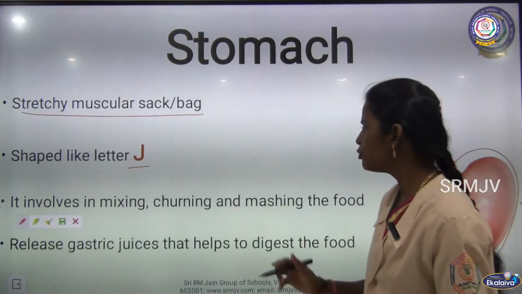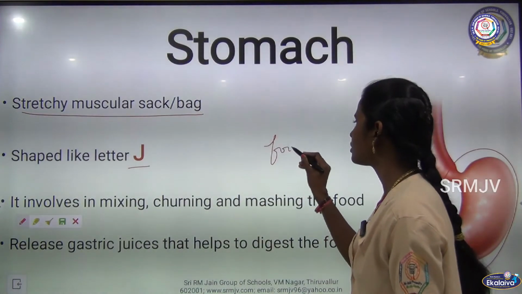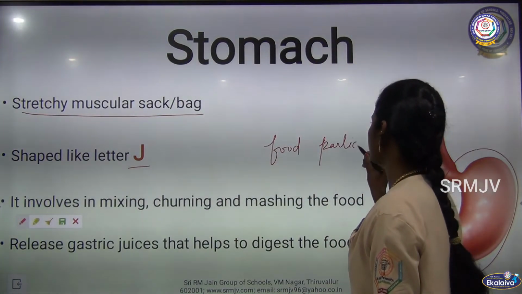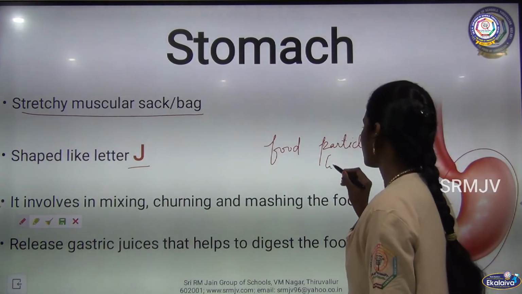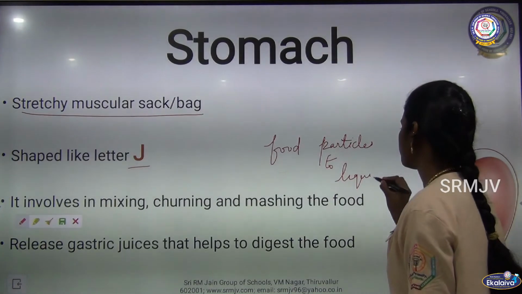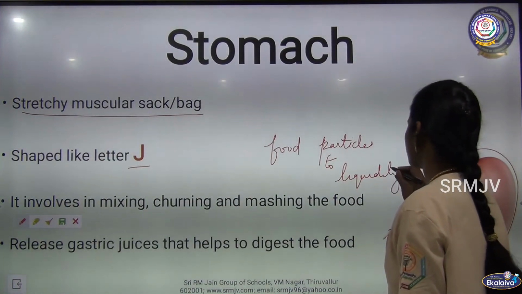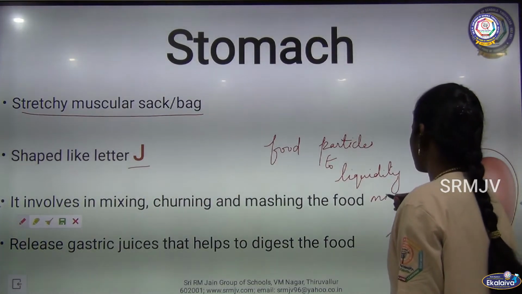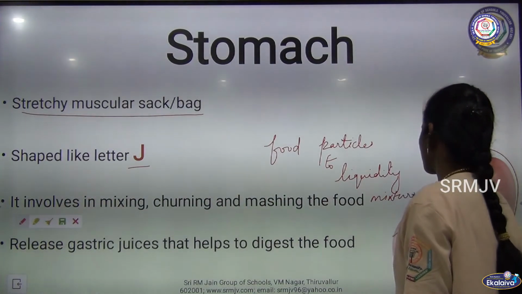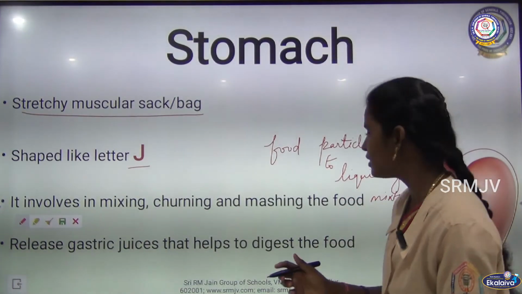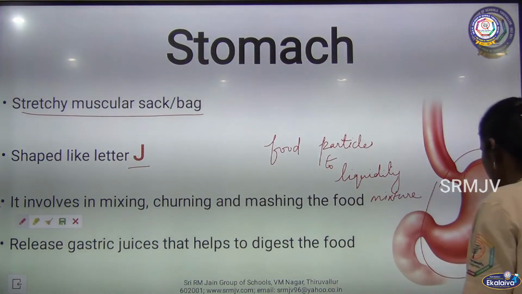It converts the food particles into a liquid mixture with the help of gastric juices which are secreted in the walls of the stomach.